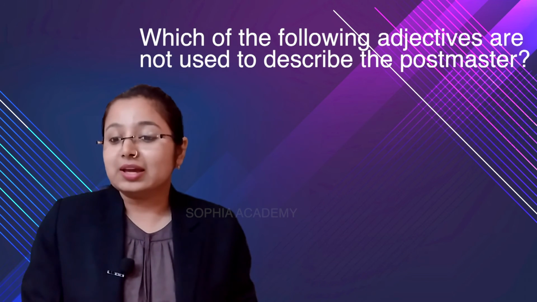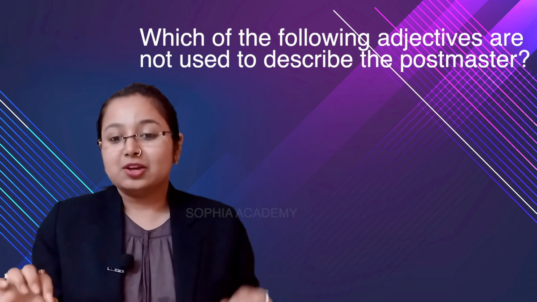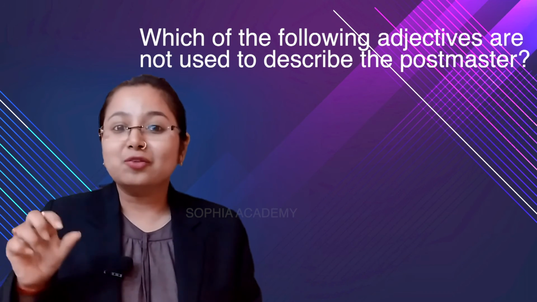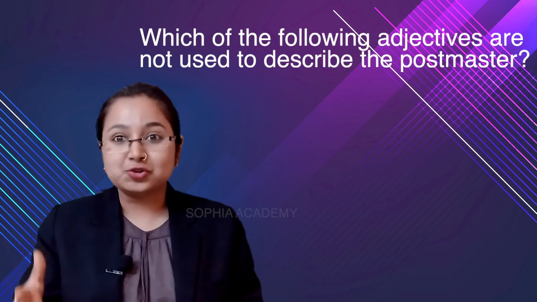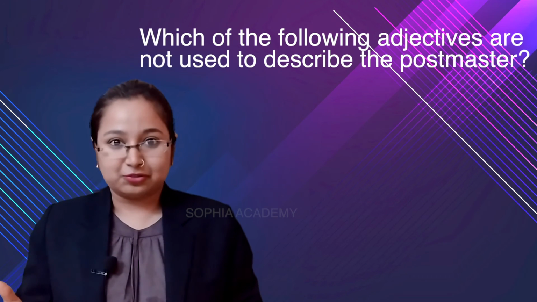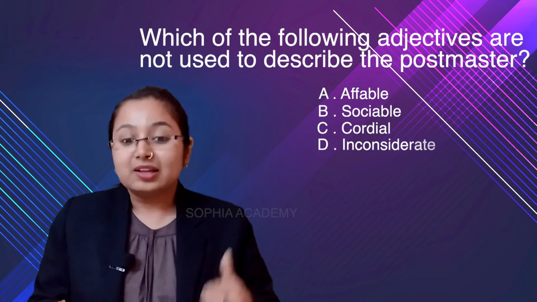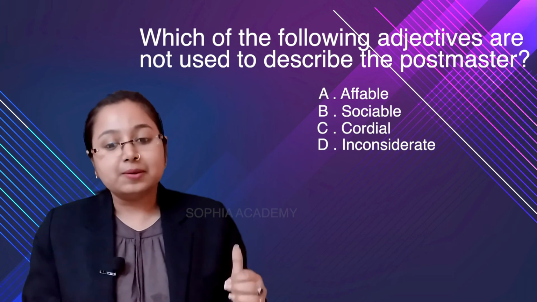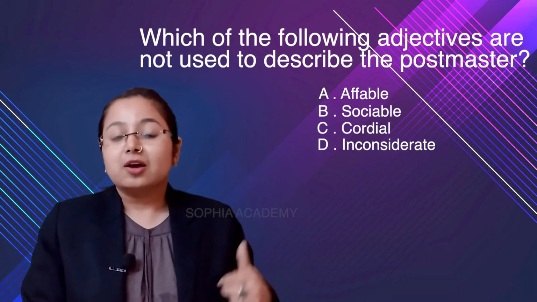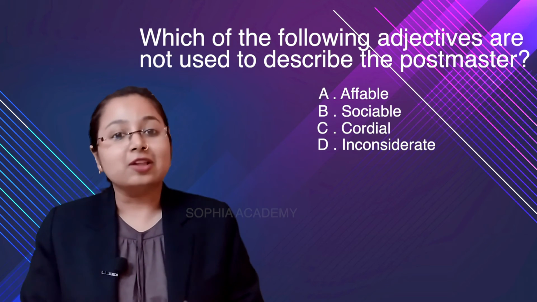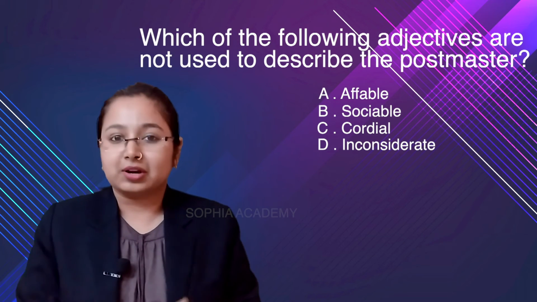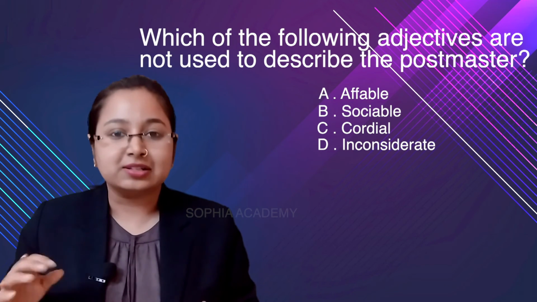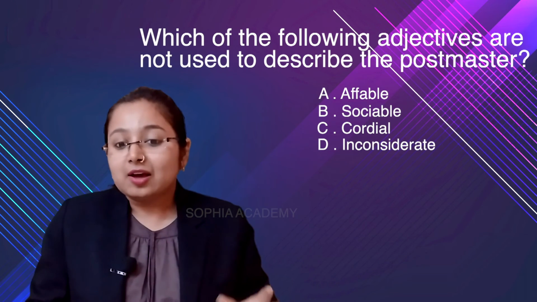Which of the following adjectives are not used to describe the postmaster? See, as I told you, when the word "not" is there, you need to be a little more attentive while solving the question. The options are: A, affable, option B, sociable, option C, cordial, and option D, inconsiderate. See, the postmaster was a very kind-hearted man. He was a generous man.